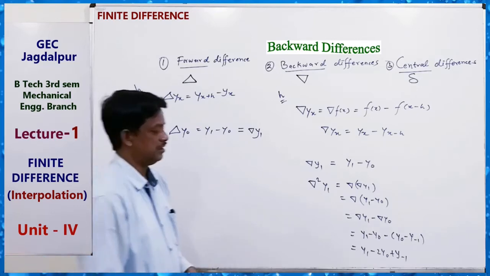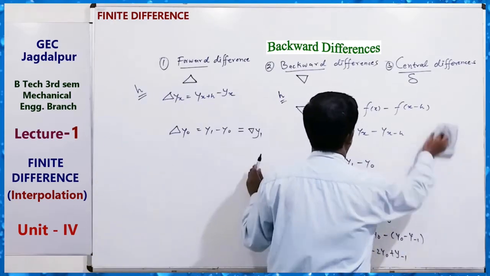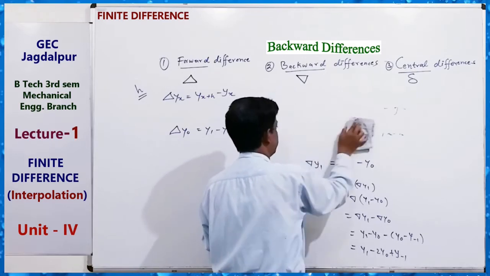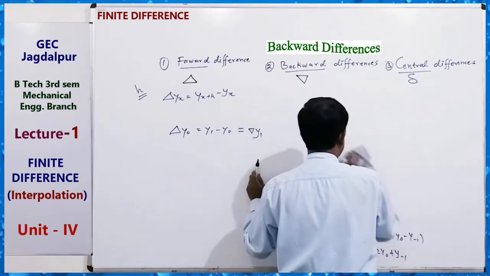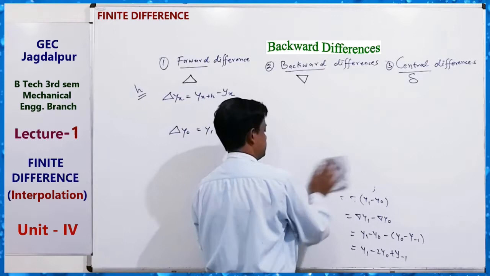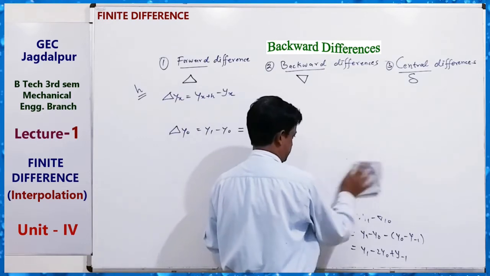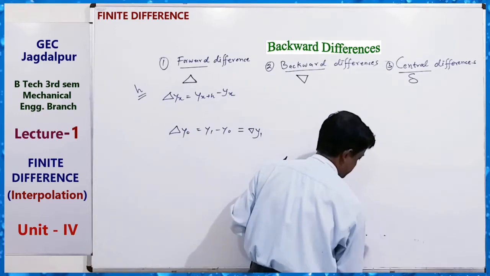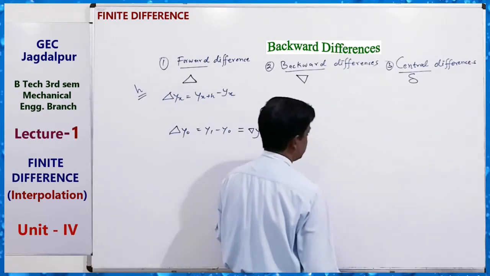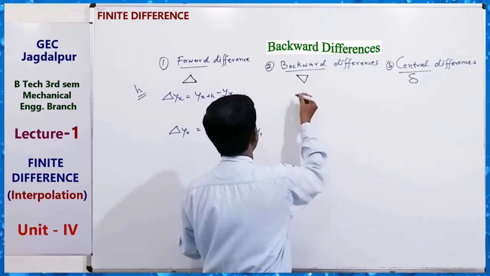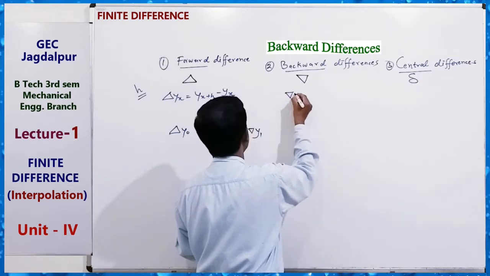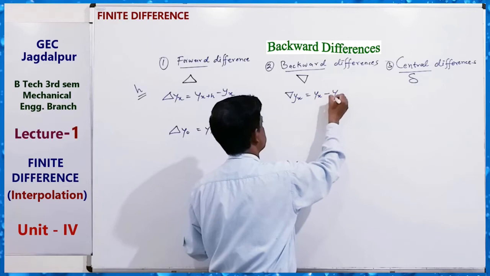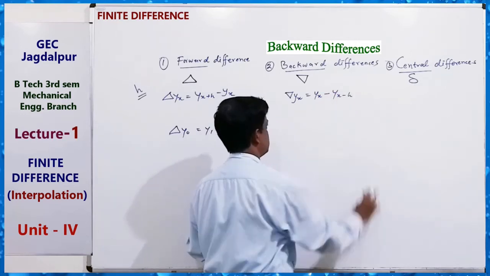Now, central difference is also the same thing, but it is defined as follows. Here the backward difference is y(x) minus y(x minus h).